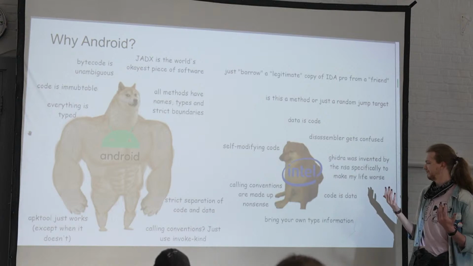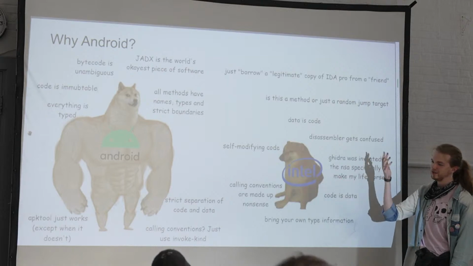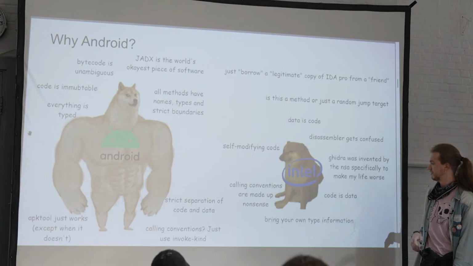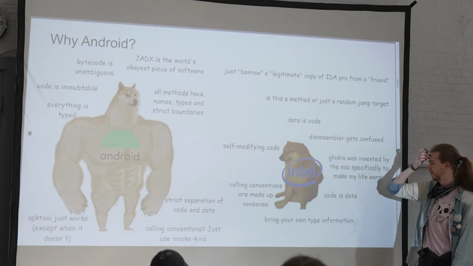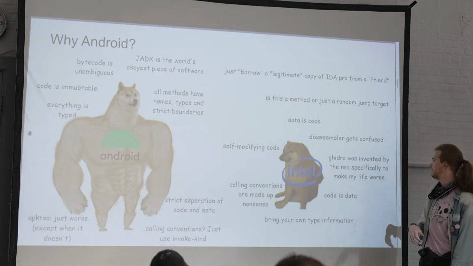That's a problem. Calling conventions, there's a bunch of different ones. They're all made up nonsense. Someone trying to protect their application or to obfuscate their application can just make up their own. There's no type information in a binary. You go write your own definitions and figure it out for yourself.